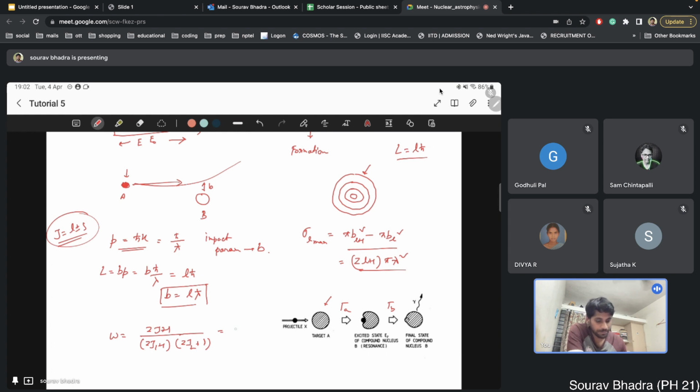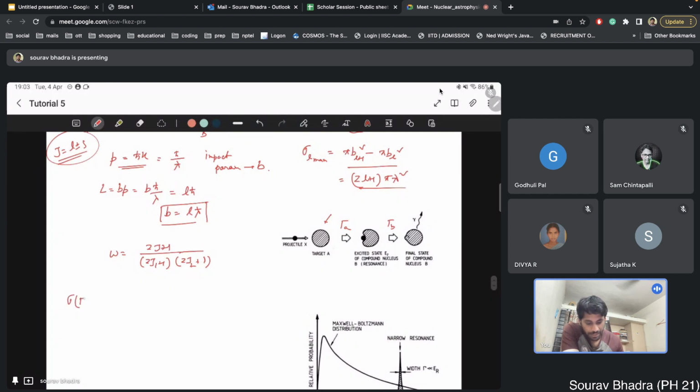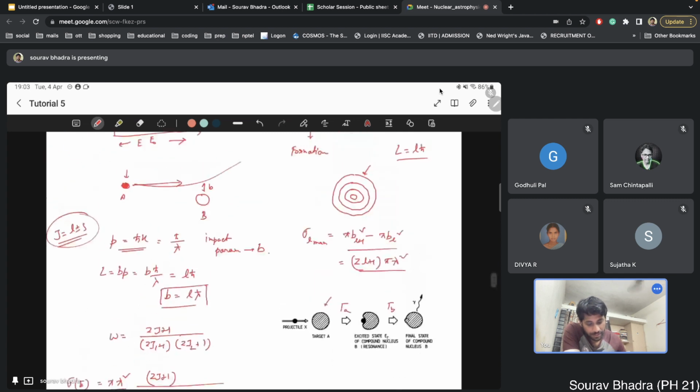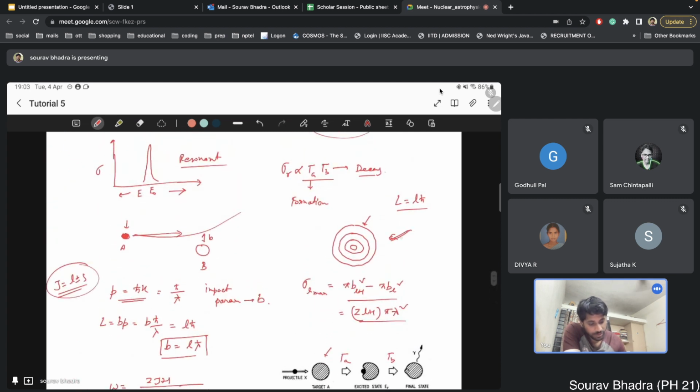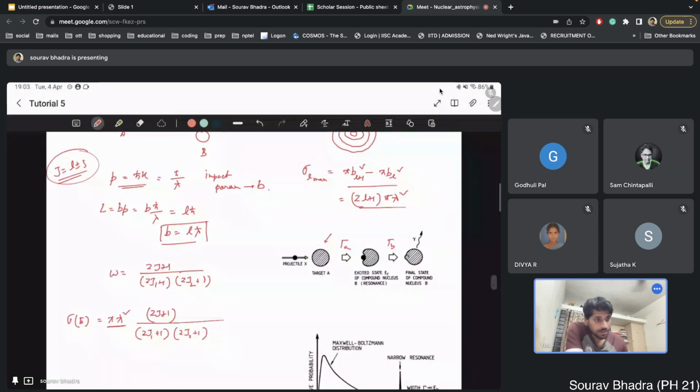This is the expression, and all this I am trying to tell you is that ultimately sigma(E) for this resonant reaction can be written as pi lambda-bar squared, which is the maximum thing, then the statistical factor, which comes solely from the dependency on L that I told you about regarding the impact parameter, and this 1 plus delta by 2 term, which is due to identical particles: if it is the same particle, then delta 12 will be 1.